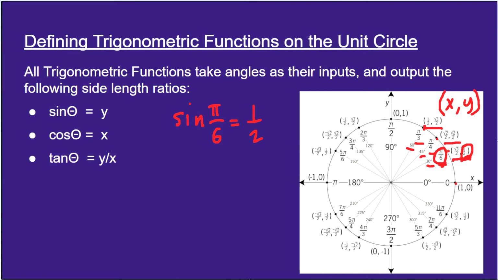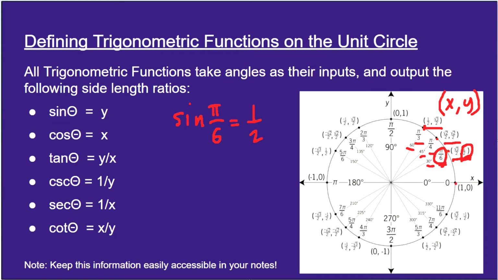The tangent is always the ratio of the y coordinate divided by the x coordinate. And then we have all the reciprocal functions, the ones that are flipped. Cosecant is 1 over the y. Secant is 1 over the x. Cotangent is x over y. Now, I just want to take a note here. I really, really strongly encourage y'all, keep this information easily accessible in your notes.